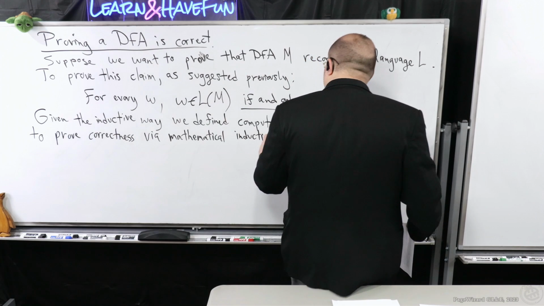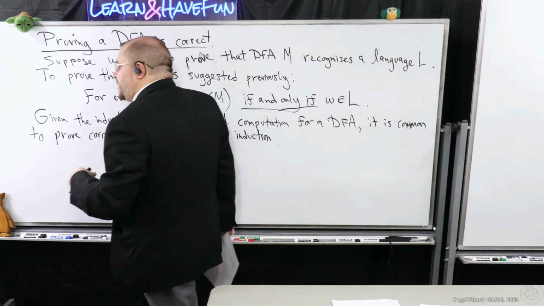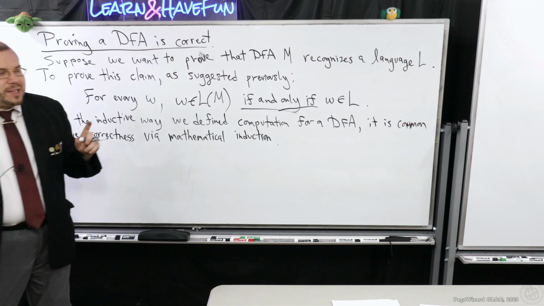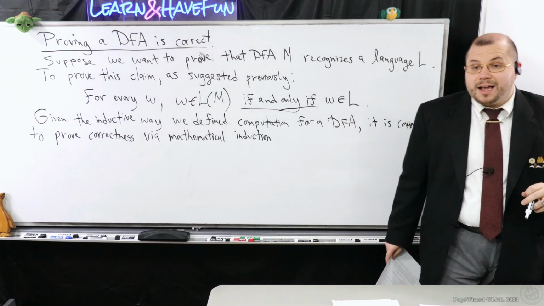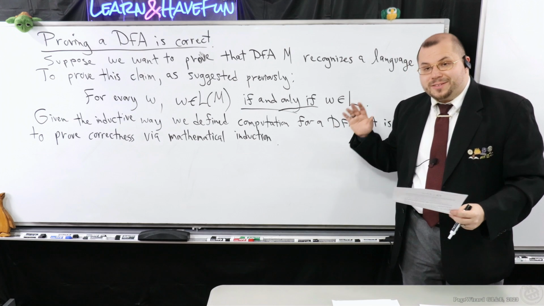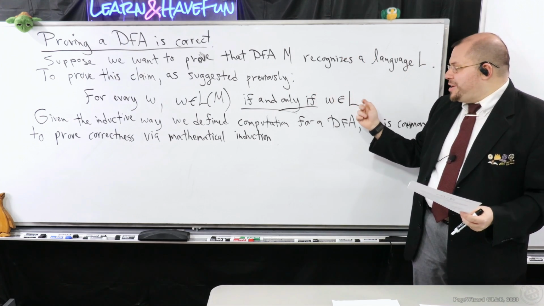Just to be clear, correctness simply means that for every one of the input strings, if W gets accepted by that DFA, it belongs to the desired language that you would like to establish, the one you designed the DFA for. Likewise, whenever it rejects, it better not be in this language.